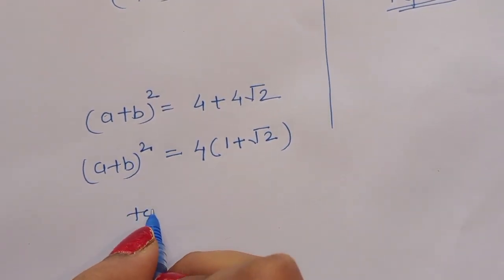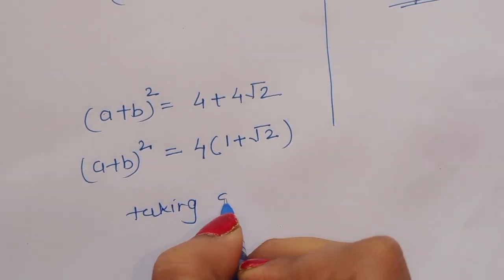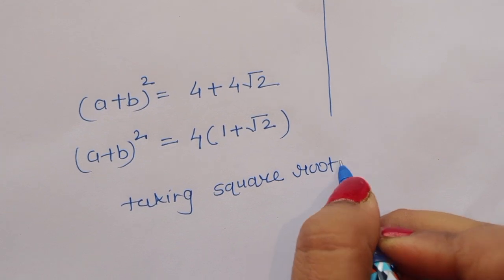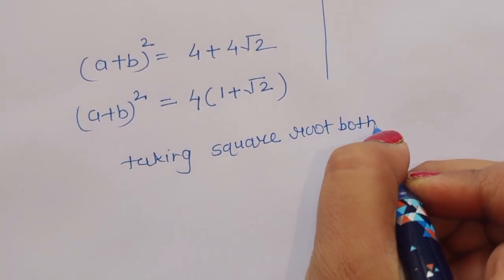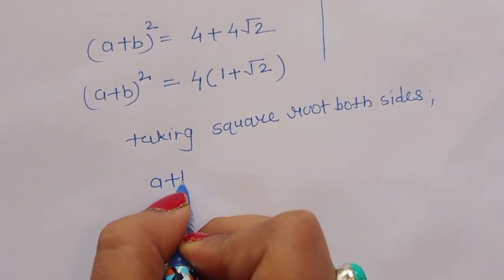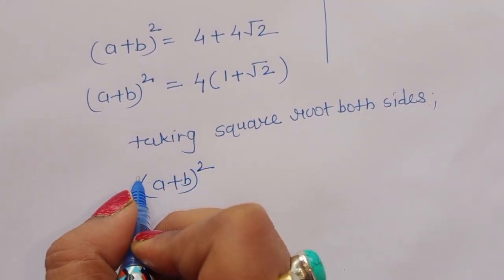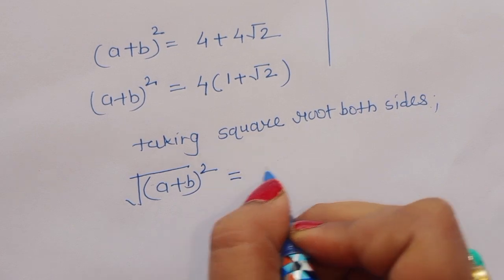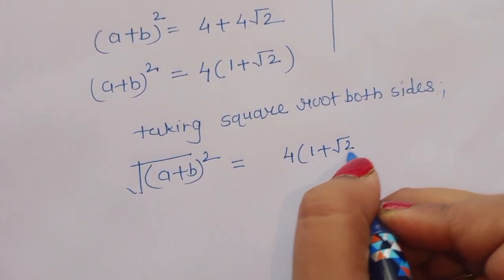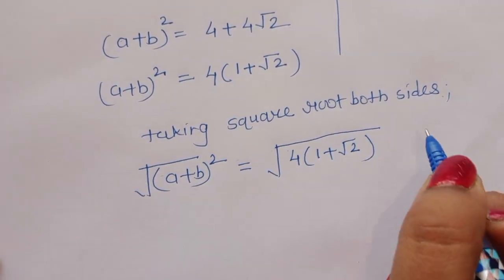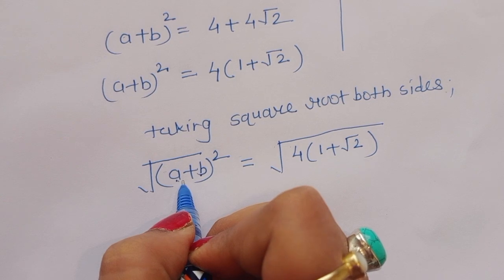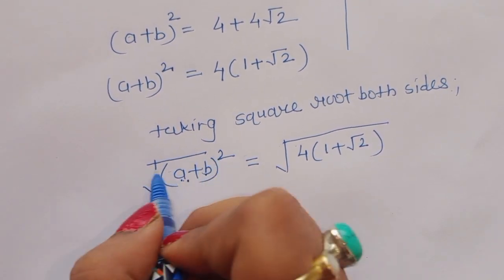Now taking square root on both sides, we will get square root of a plus b whole square is equal to square root of 4 times 1 plus square root of 2. Because we have to find the value of a plus b, that's why we are taking the square root.